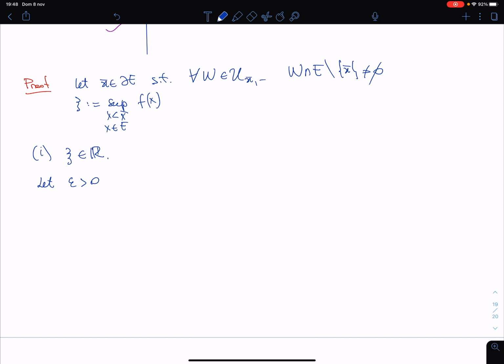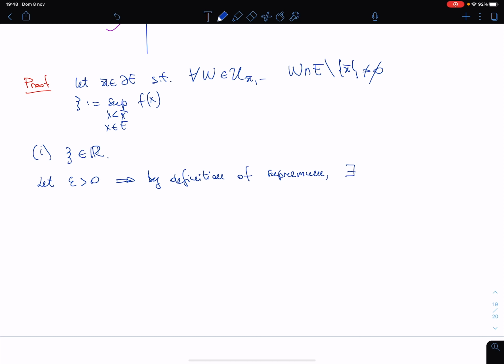Then, by definition of supremum, there exists an x tilde in E with x tilde less than x bar, such that when I move psi towards the left by a quantity epsilon, f of x tilde is larger than psi minus epsilon.